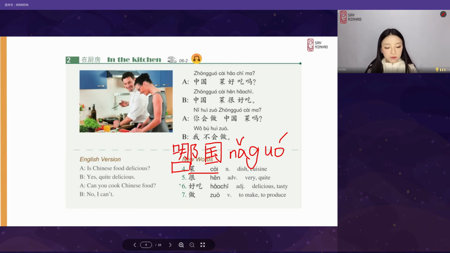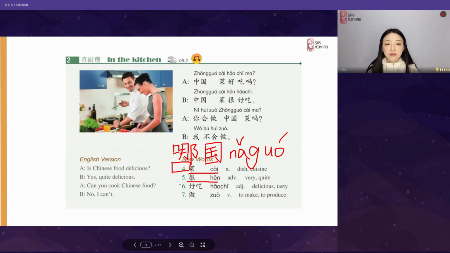And whatever kind of dish you want to replace, you can just put in the country, for example 美国菜. Okay, this is about 菜.